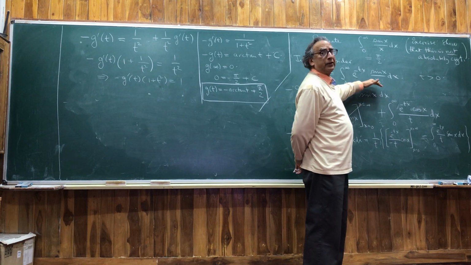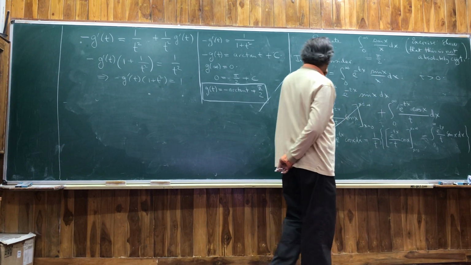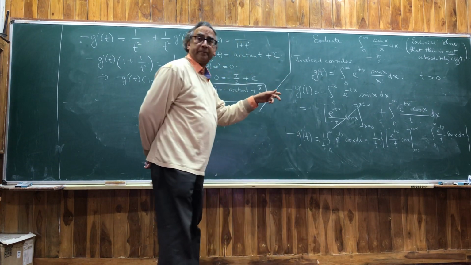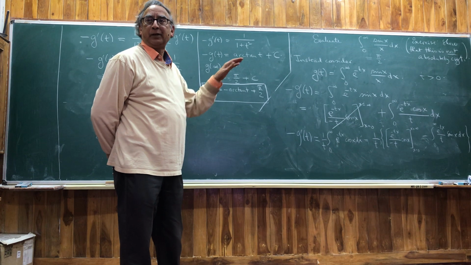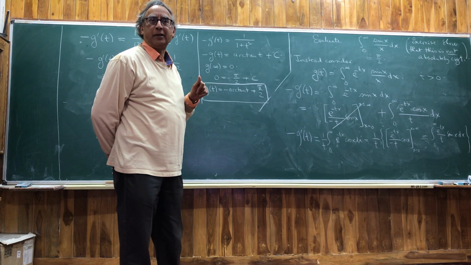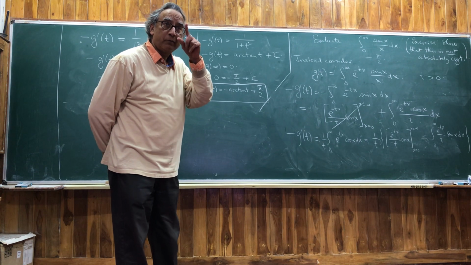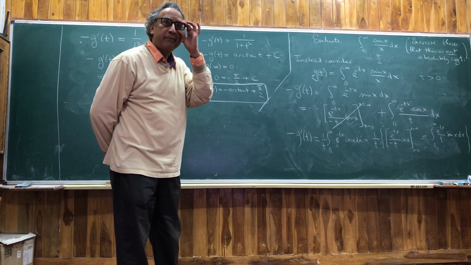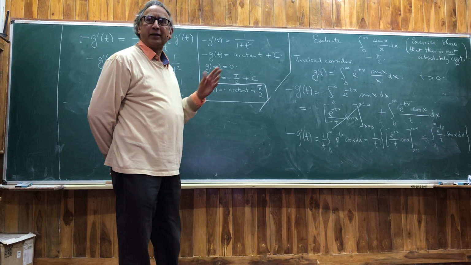Then each of these functions is continuous, and then take the limit inside. That's what I was saying. There might be a little bit of work to be done, but more or less that is the idea.